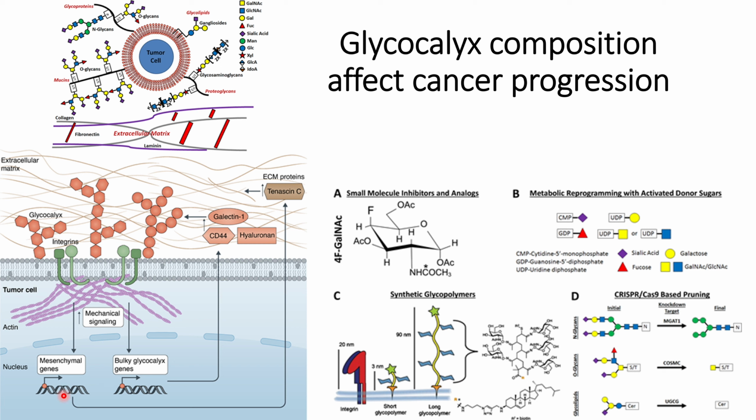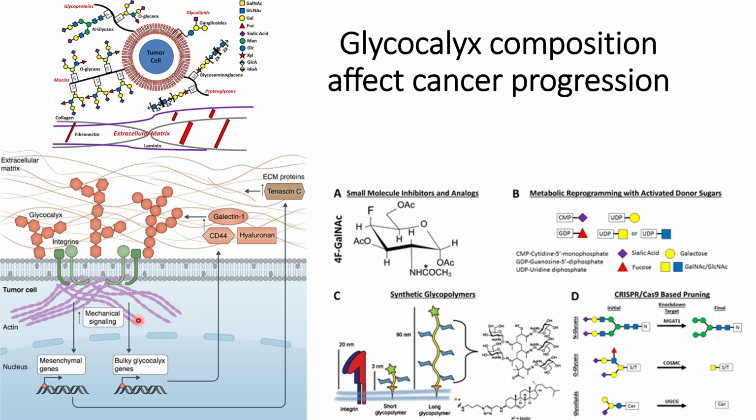One of them is the upregulation of mesenchymal genes. Because of the mechanical signaling, it will lead to upregulation of these mesenchymal genes. These genes have the property to change the cell characteristics from epithelial to mesenchymal, and cells are then more prone to move from one place to another.